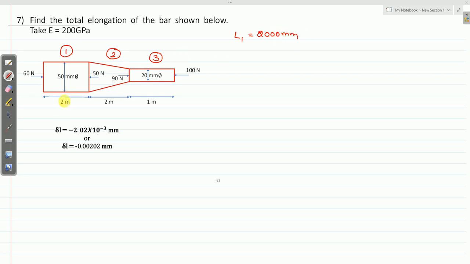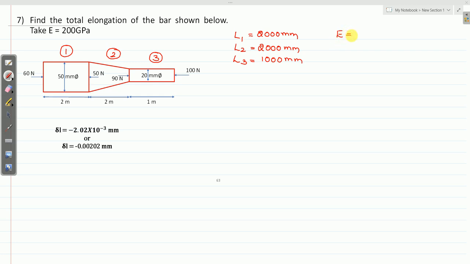Here it is in meters, I have converted to millimeters. So L2, which is also the same, 2000 millimeter. L3, so 1000 millimeter.